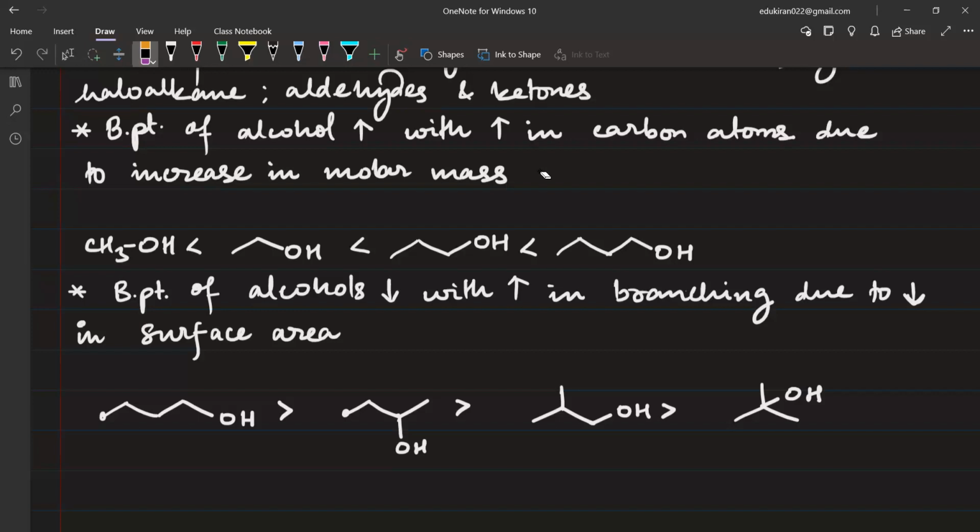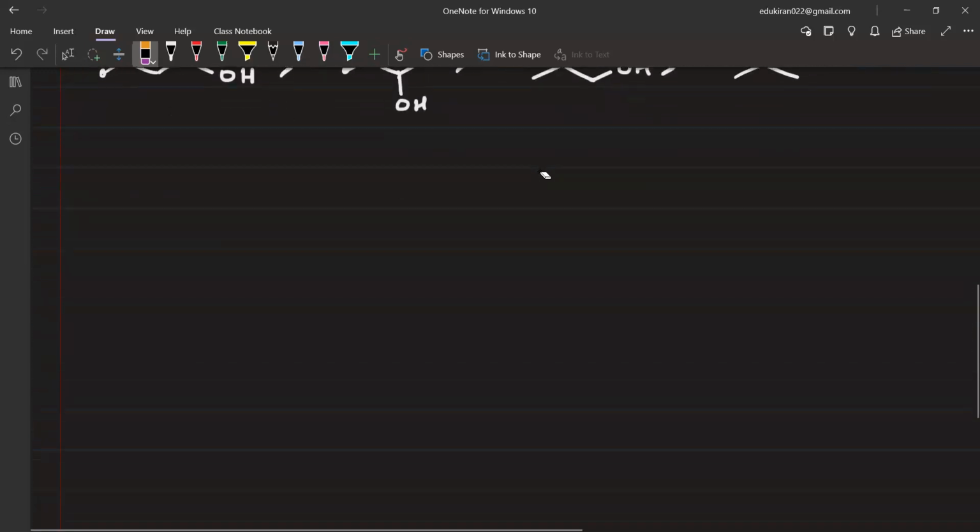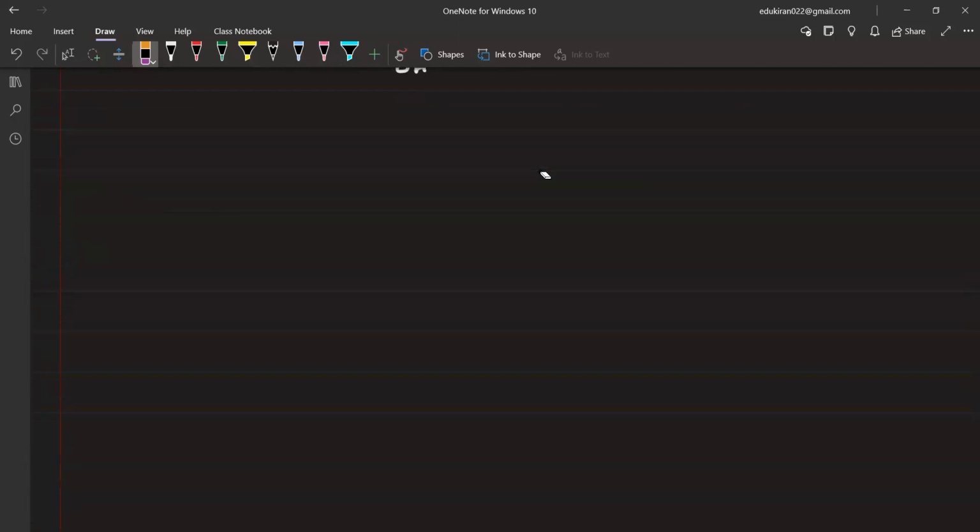Has everyone seen it? Done, sir. Okay. So first of all, you have to understand the force of attraction, how force of attraction differs when you have different functional group. Force of attraction can be divided into the following.